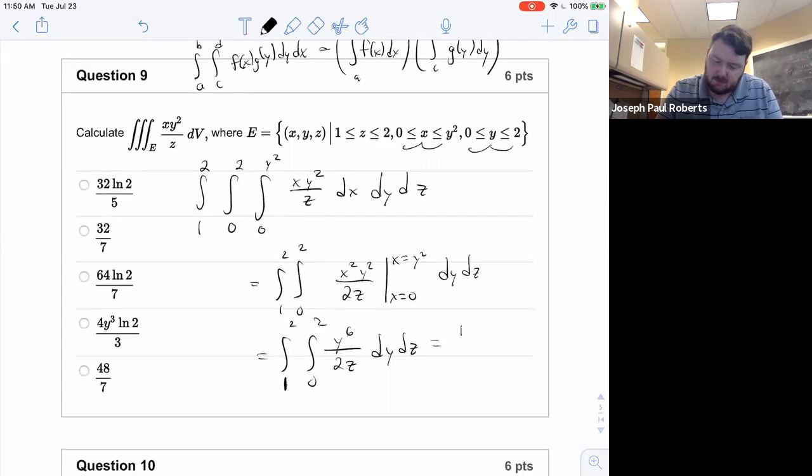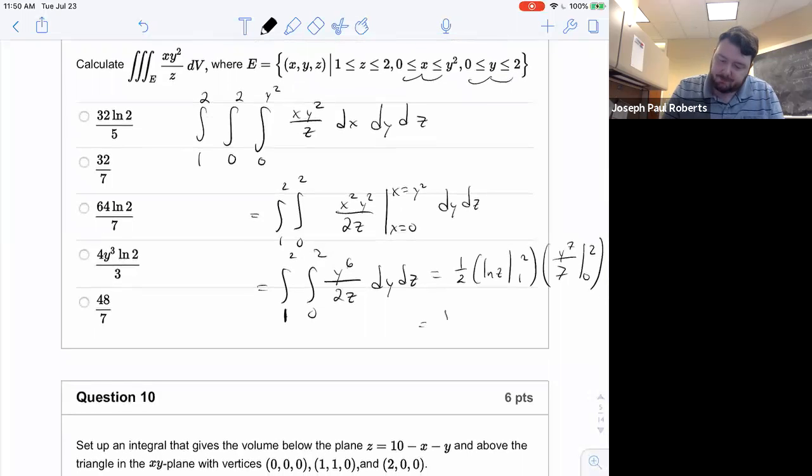So anyway, this is going to be like 1/2 times natural log z between 1 and 2 times y to the 7th over 7 between 0 and 2. So what is that? 1/2 natural log 2, because natural log of 1 is 0, times 128 over 7, and so looks like that.